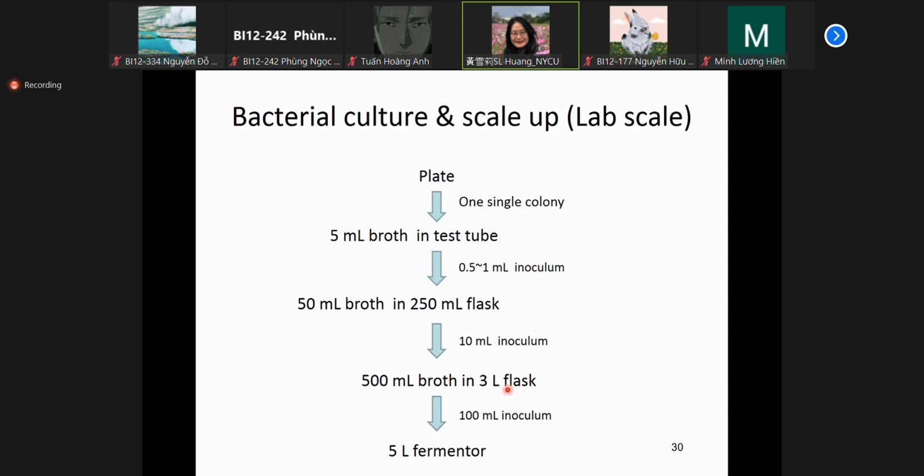If we want to use a fermenter in the lab, it's a 10 times increase in culture volume. Then again, we use approximately 100 ml of inoculant. Of course, sometimes it varies depending on the concentration of the cells in the inoculant.